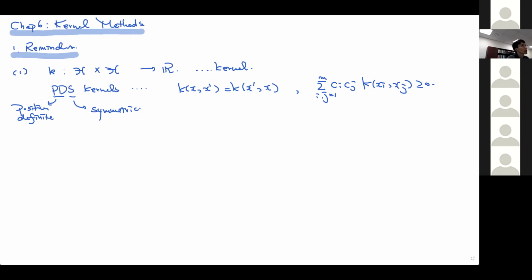And in fact, what we showed last time is that if you have this PDS kernel, then there is actually, I think that was theorem 6.8, which is really important. That's something called the RKHS. So really intuitively what it says is if you have a PDS kernel, then there is a corresponding Hilbert space.